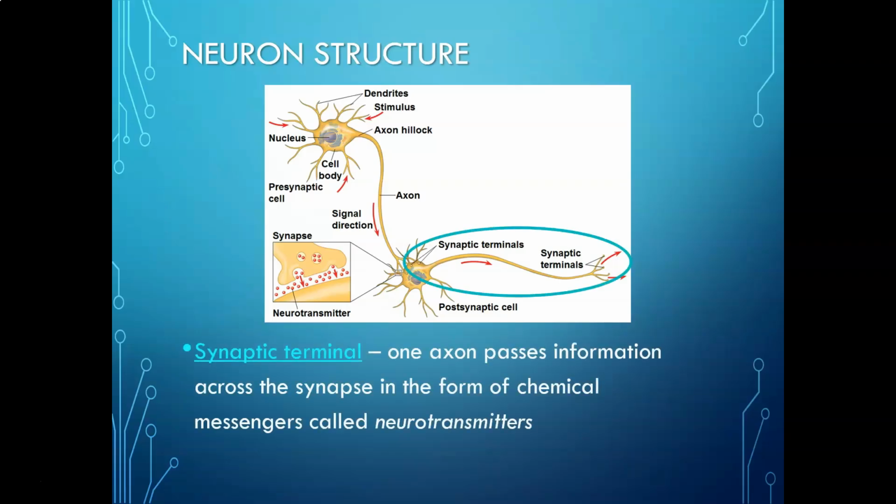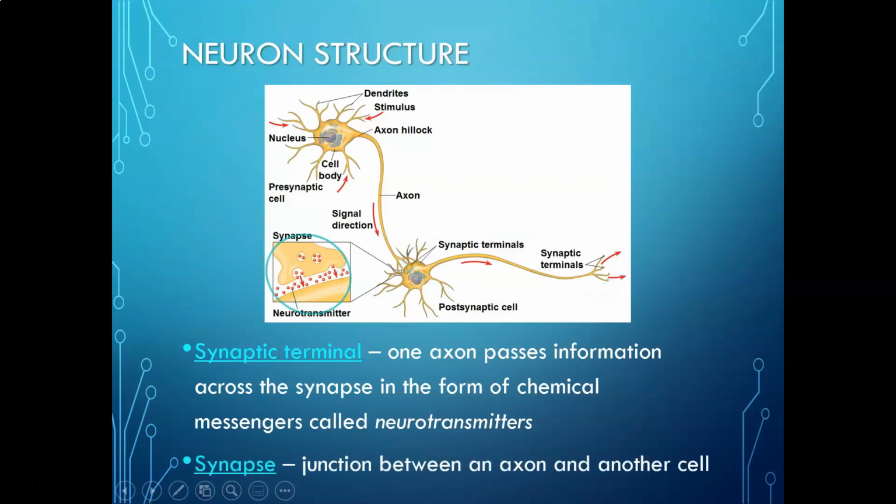You've also got synaptic terminals. So one axon passes information across a synapse in the form of chemical messages called neurotransmitters. So you've got these synaptic terminals that hang out here. So here's your synapse, and then that terminal is kind of the end here where we'll actually send that signal, and that chemical signal typically comes from that synapse in the form of neurotransmitters.